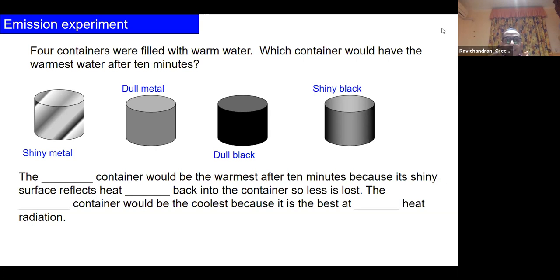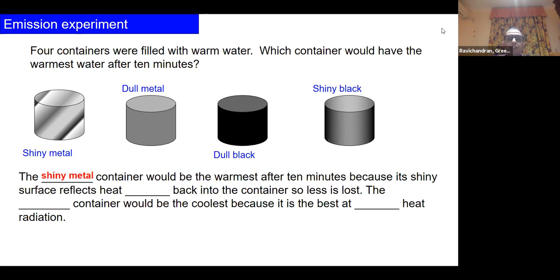So 4 containers are filled with warm water, meaning the source of heat is inside the containers. Which container will have the warmest water after 10 minutes, keeping the heat inside and not releasing it outside?